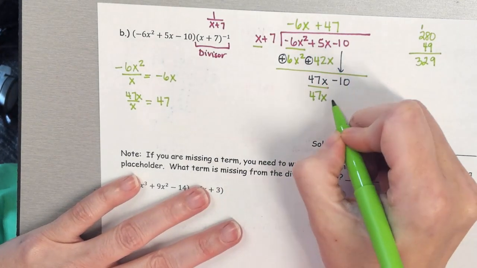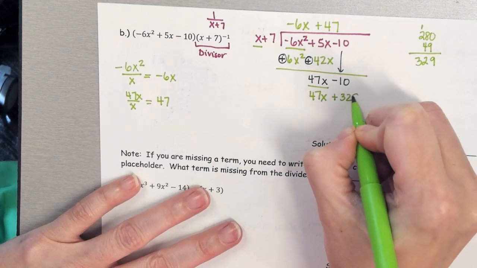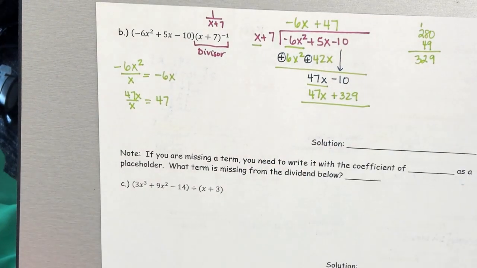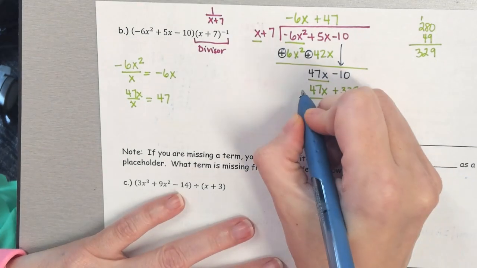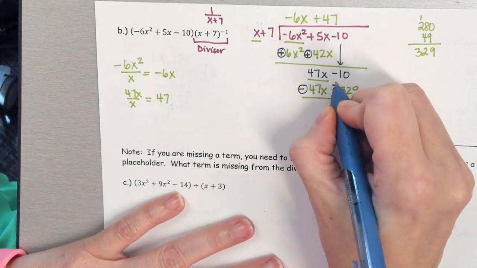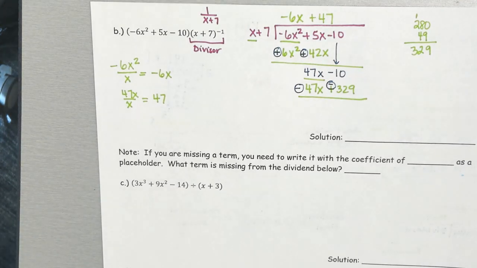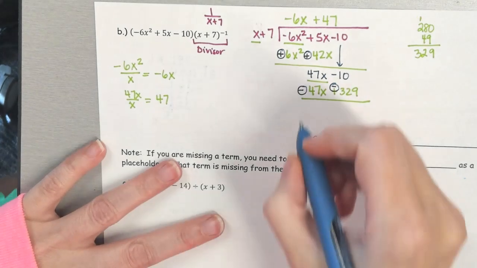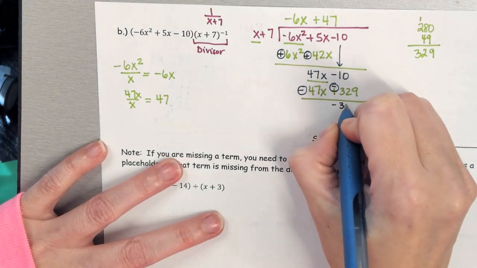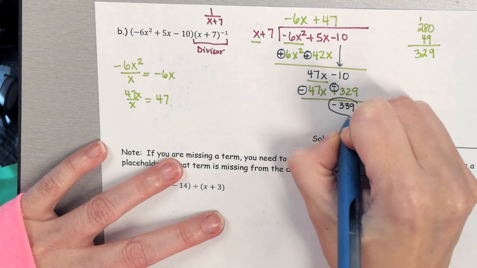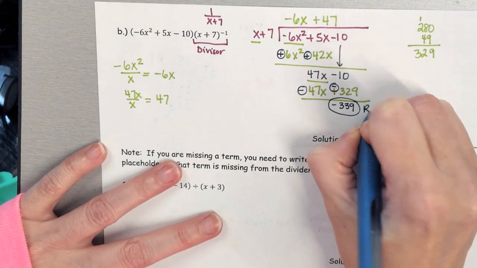Okay, so then you have a positive 329. Okay, and then so this is a minus, this is a minus. You distribute that negative, and then once you do that, -10 minus 329 is -339.